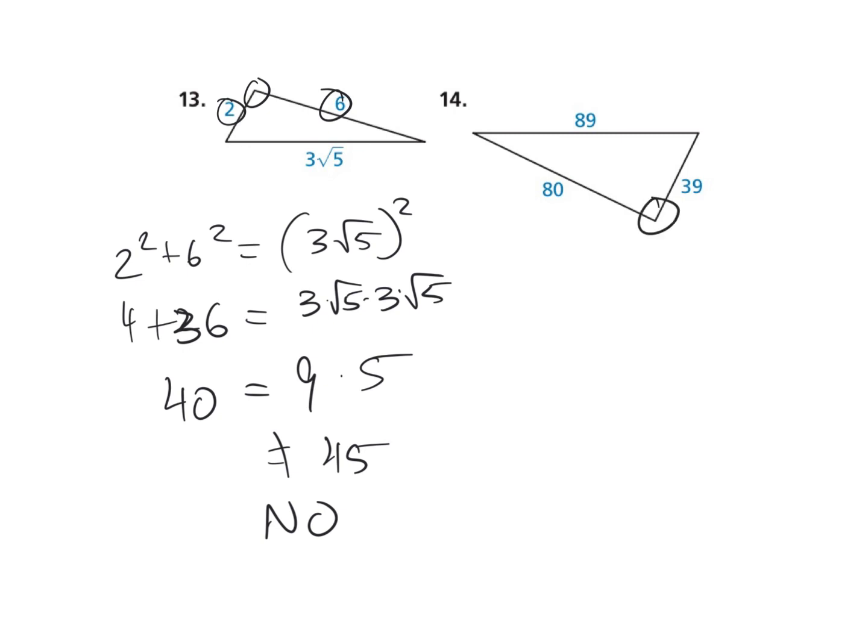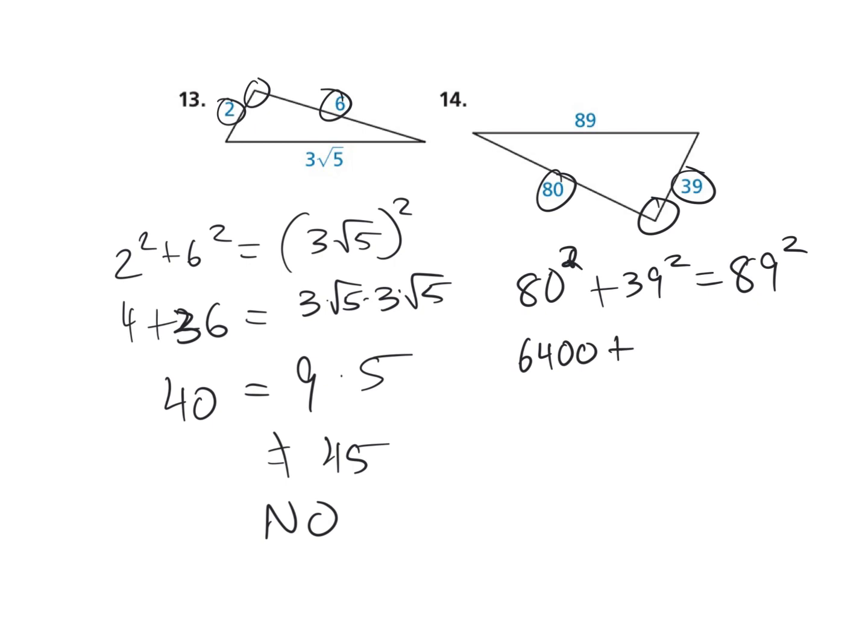Over here, that appears to be 90 degrees, so 80 and 39 are your A and B. 80 squared plus 39 squared should equal 89 squared. So 80 squared is 6,400, and 39 squared is 1,521.